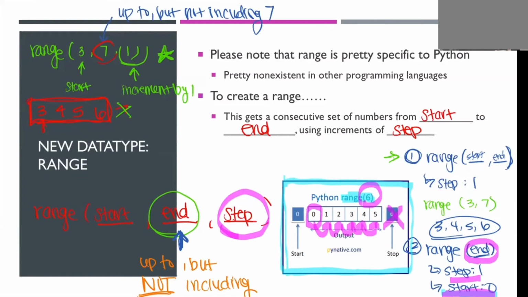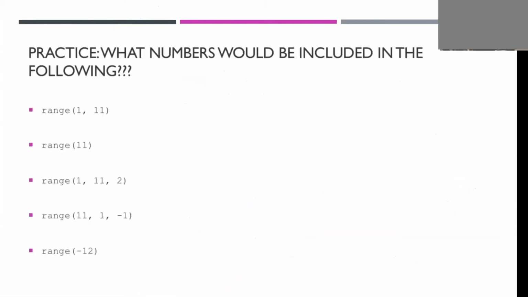Does anyone have any questions or any doubts here? Because we're about to do a whole bunch of examples that I hope might be helpful for you guys. So we're going to do some practice. I have a whole bunch of these cases. So what numbers would be included in the following range? The first one I have is range 1 to 11.